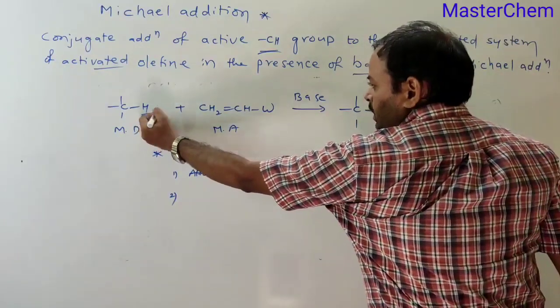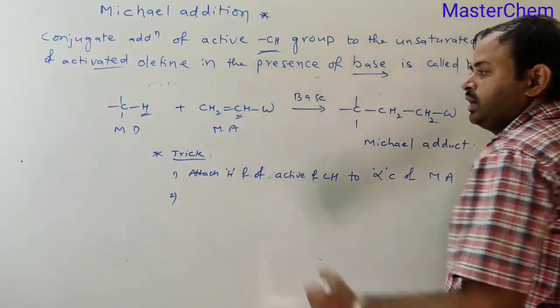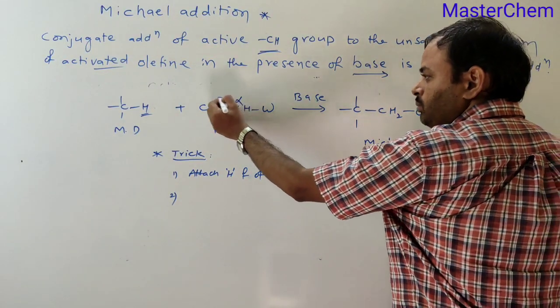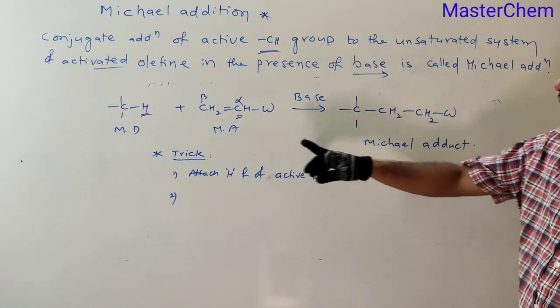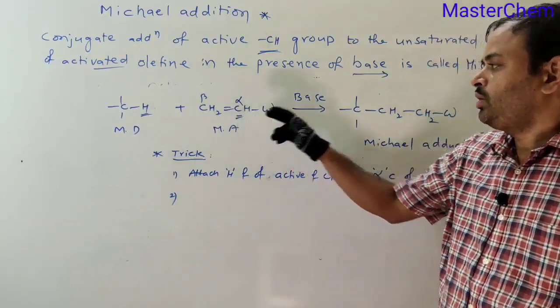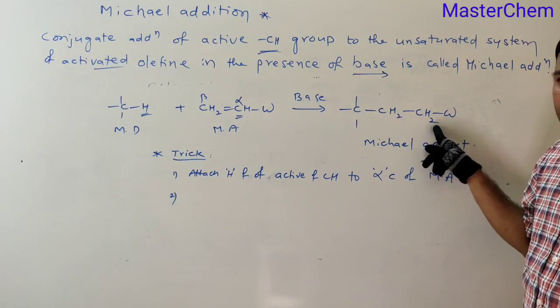So just attach this hydrogen here. This is the alpha carbon, this is the beta carbon, next to the withdrawing group. That's why we attach this hydrogen to the alpha carbon of the Michael acceptor.